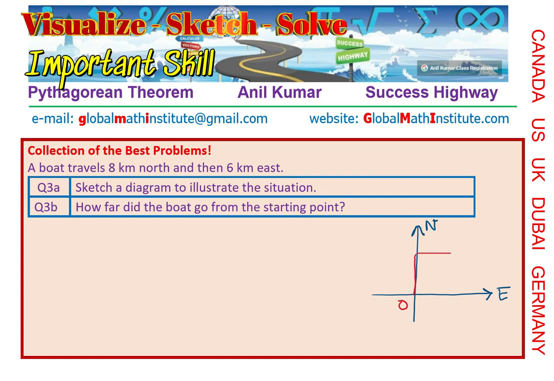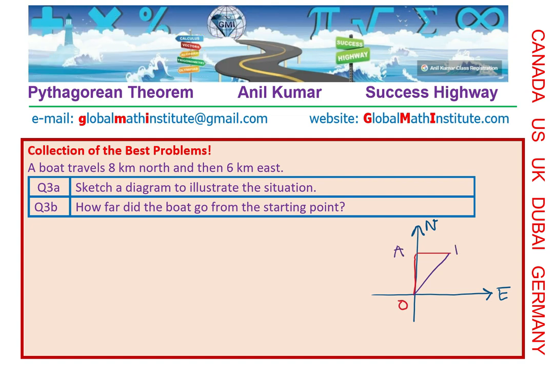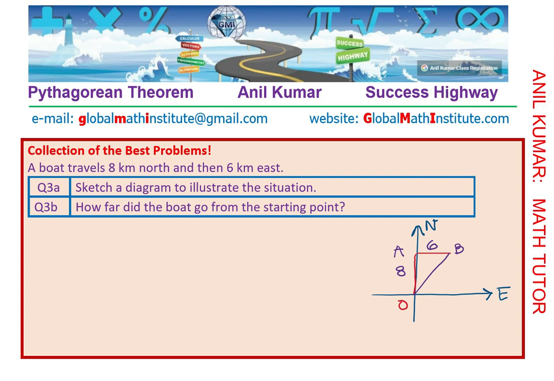So that is where the boat is at present. And what we need to find is how far it is from the starting point. So let's call these positions A and B, where one side is 8, the other side is 6, all in kilometers. We need to find the distance OB. Very clear? And what you notice is that it has a right angle at A.